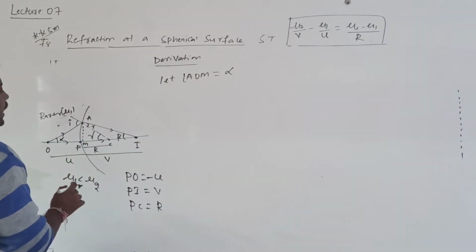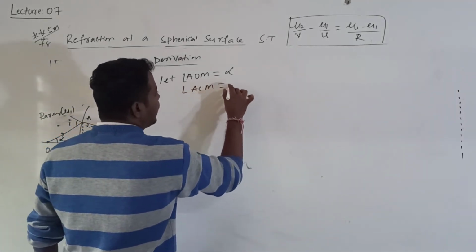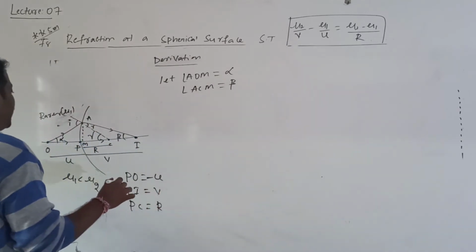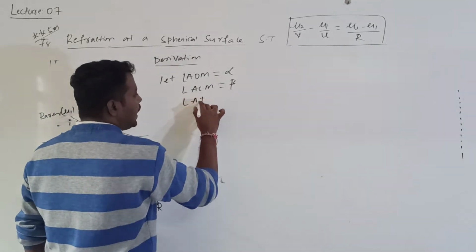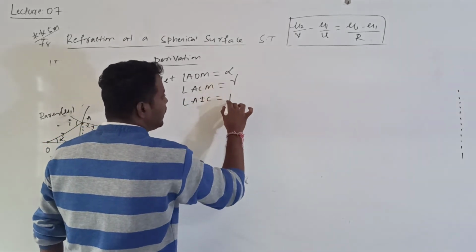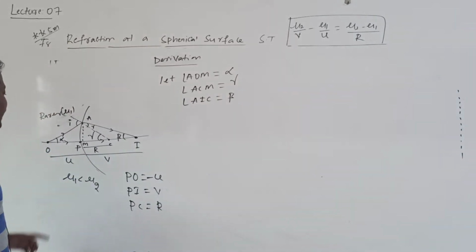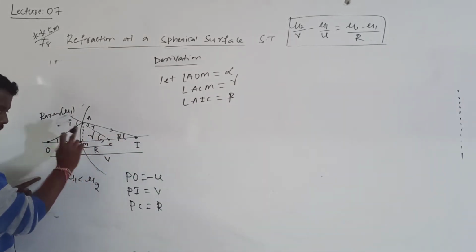Next, angle ACM is equal to gamma, and angle AIM is equal to beta. Angle made at O is alpha, at I is beta and at C is gamma.